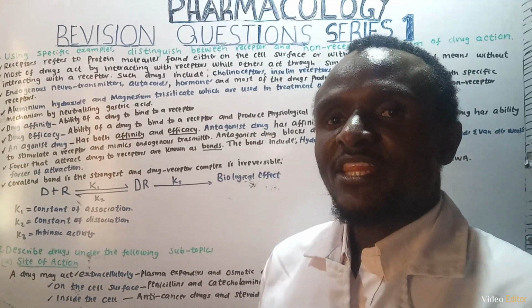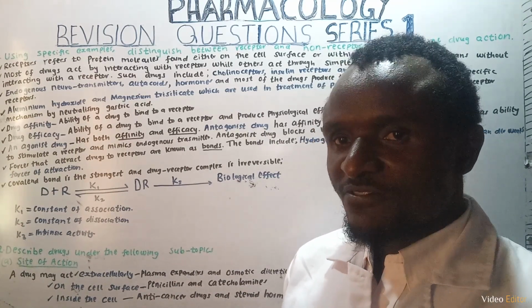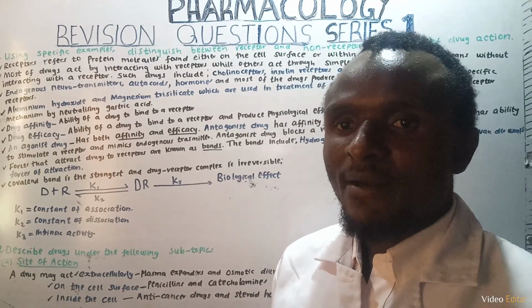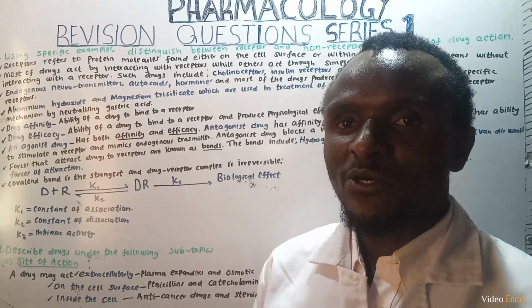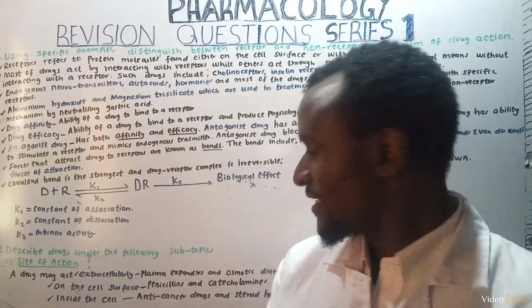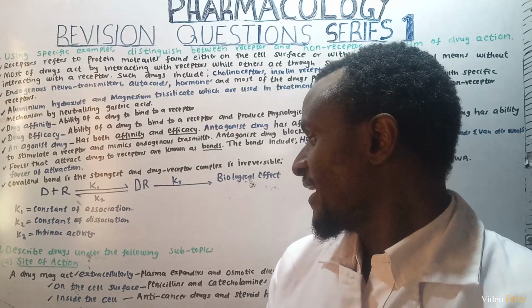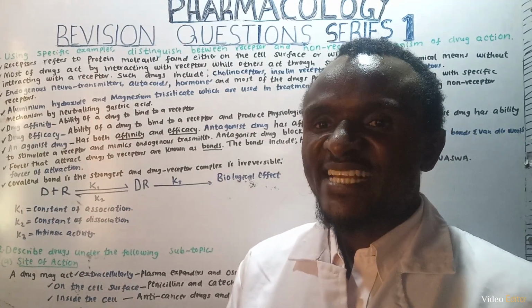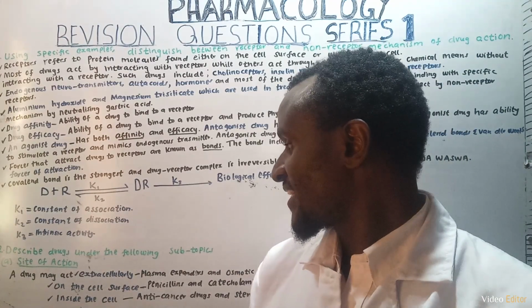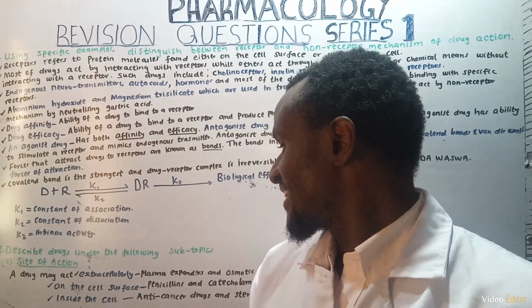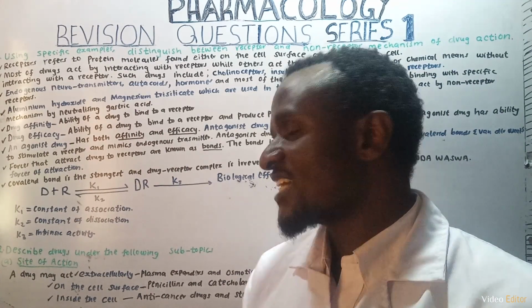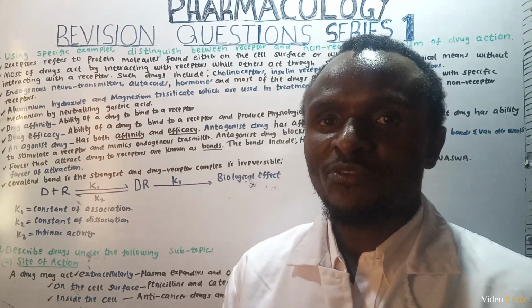Then also a drug may act on the surface of a cell. Those are penicillins and catecholamines. Then we have some drugs that act inside the cell, that is anti-cancer drugs and also steroid hormones.